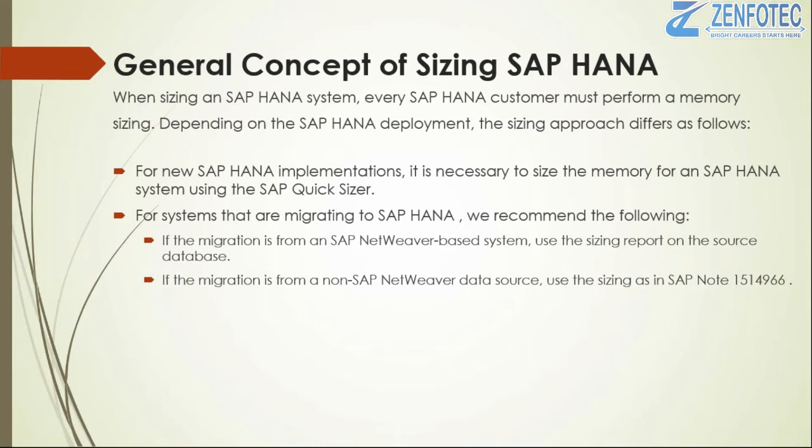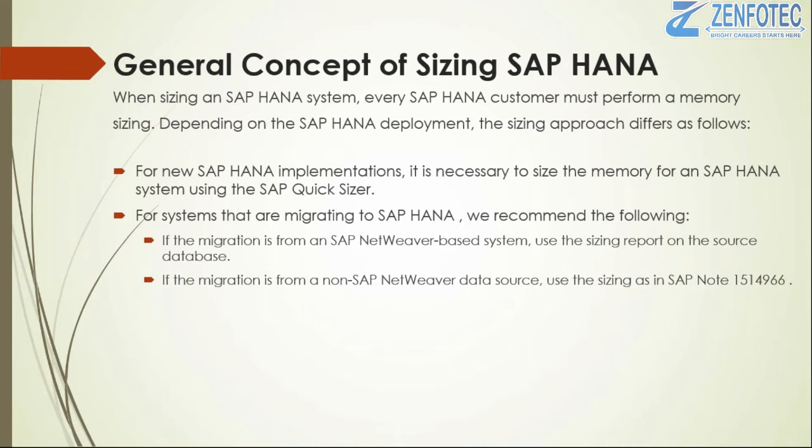Another is non-SAP systems. If you're running non-SAP systems on any database, in that case we have a sizing report as well. We have to run those reports on the system's database, and the report will provide you the required main memory for your HANA database.